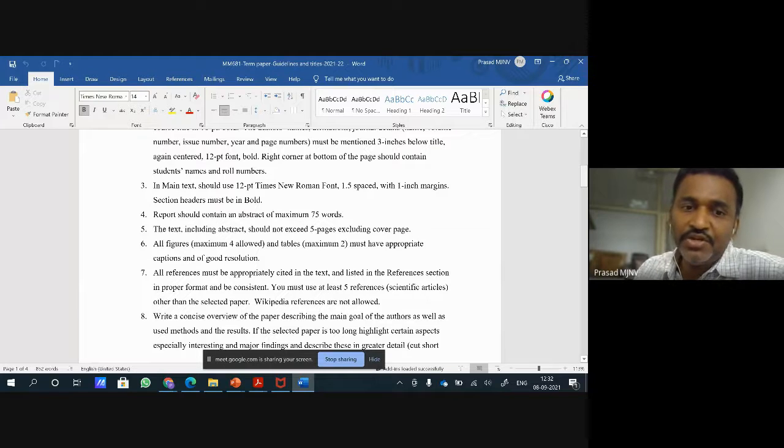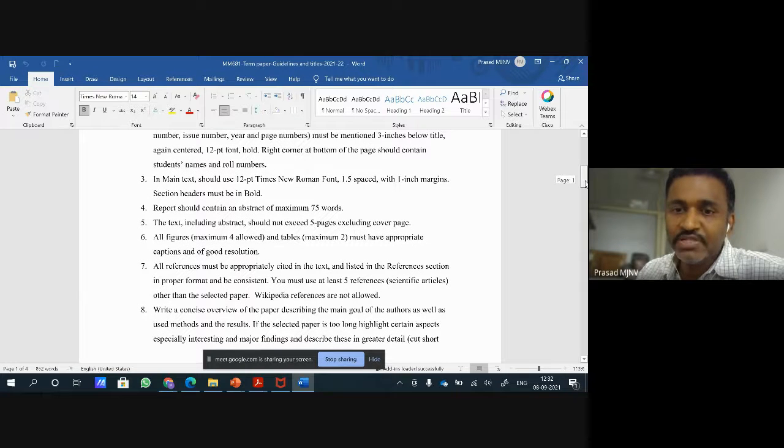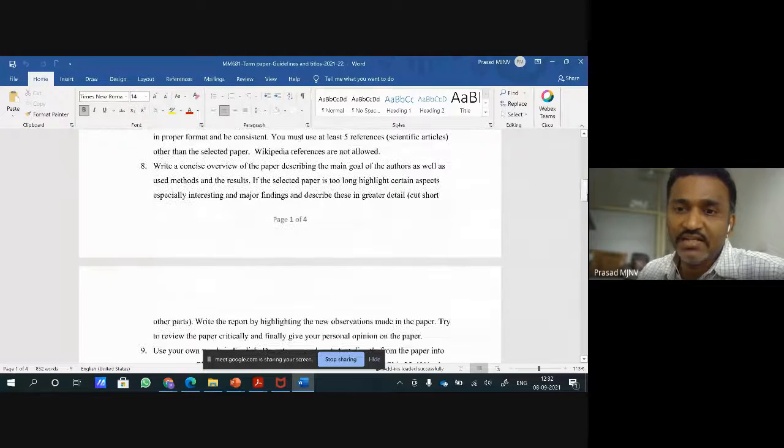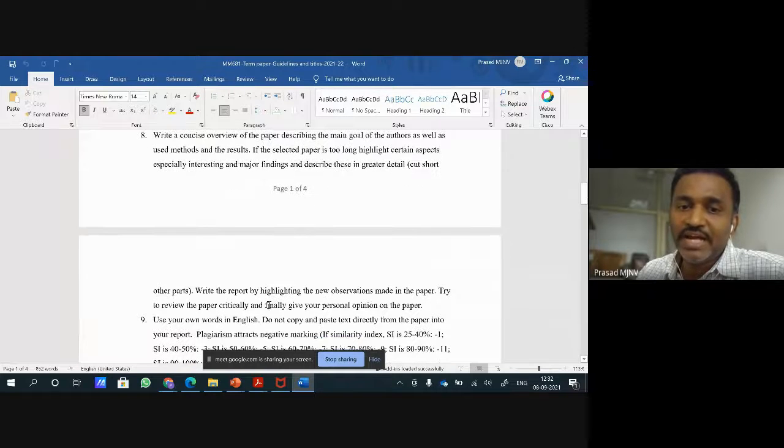Give a concise overview of the paper describing the main goal of the authors as well as the methods used and results. If the selected paper is too long, highlight certain aspects, especially interesting major findings, and describe these in greater detail relevant to this course, plastic deformation and microstructural evolution. You may also give some critical comments on the paper.